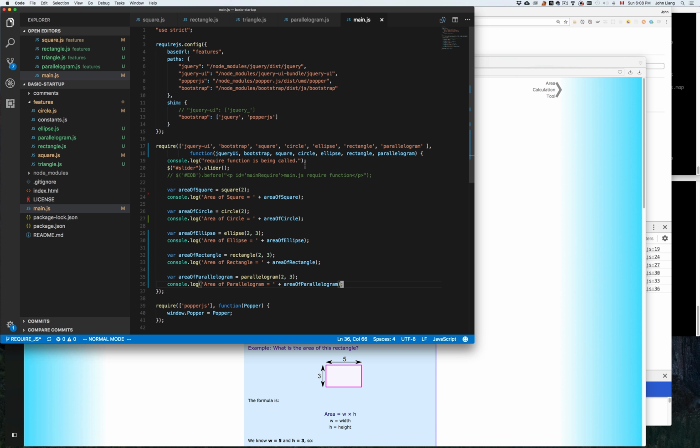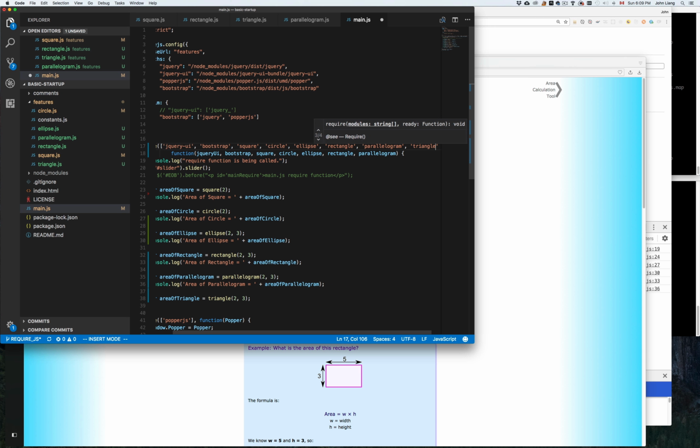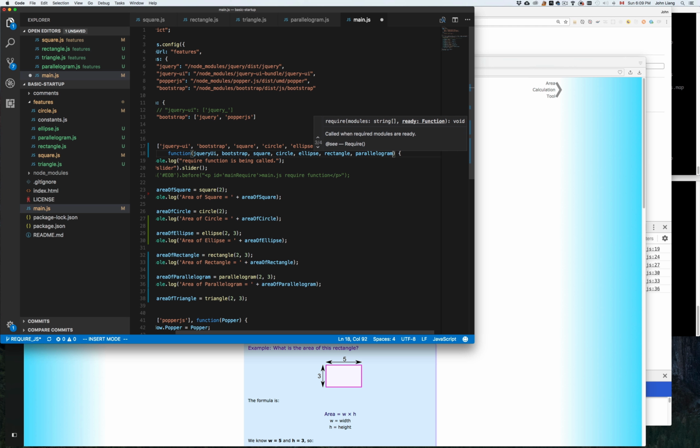Let's go to the main function, the main module. Var area of triangle goes to triangle 2, 3. And we got a loading triangle right here. Triangle. Okay.